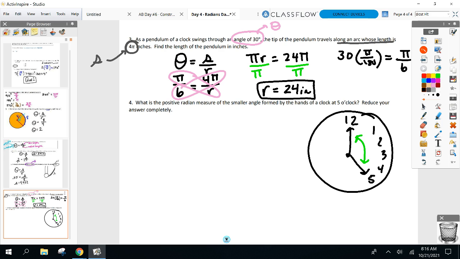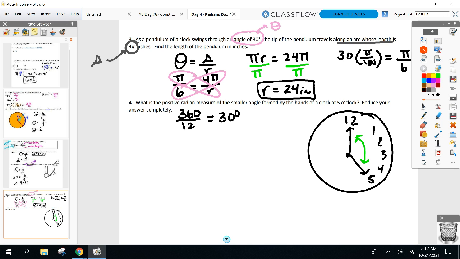All right, I tried to explain some of it. I went pretty quick yesterday and I wasn't up here explaining it to everybody. If I go all the way around the clock, 12 to 12, how many degrees am I going? 360. Can we agree it's 360, right? And it's broken up into 12 different sections. So if I take 360, divide it by 12, that tells me when I go from 12 to 1, 1 to 2, 2 to 3, etc., how many degrees am I going? 30.